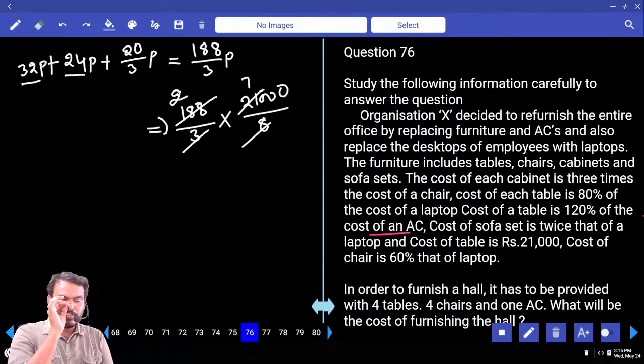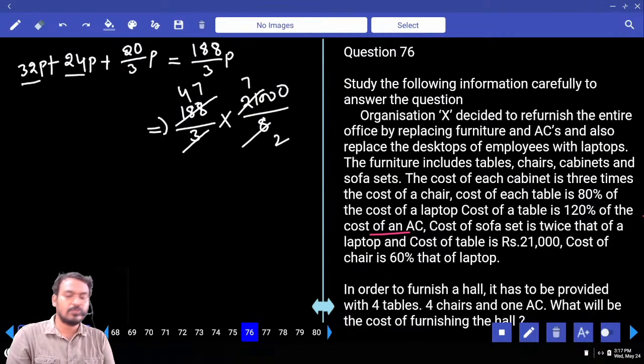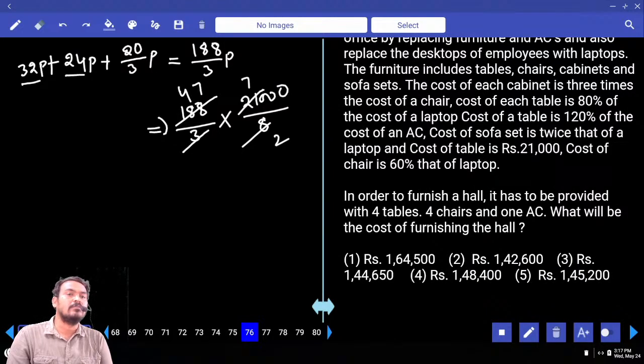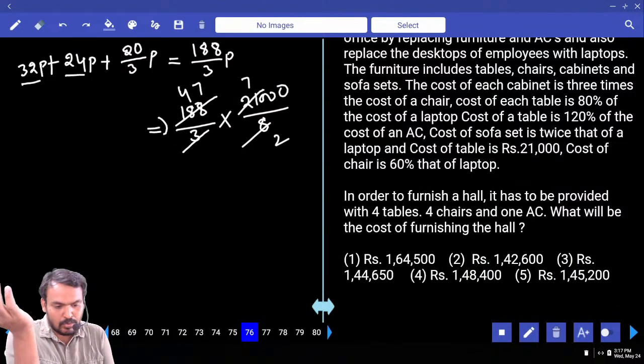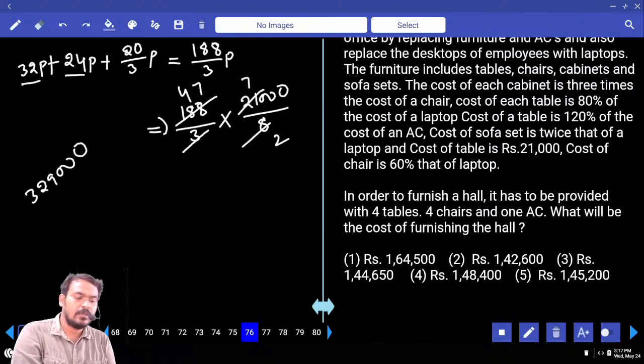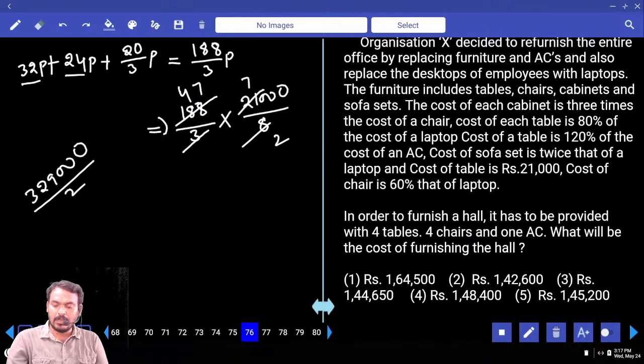What is the remaining value? 50. Continuing the division, then 47 into 7. 47 7s are 329, meaning 329,000. Divide by 2. What is the answer? 164500.